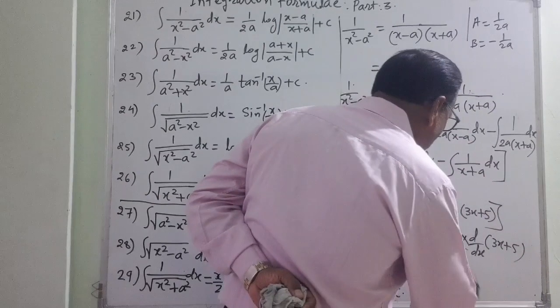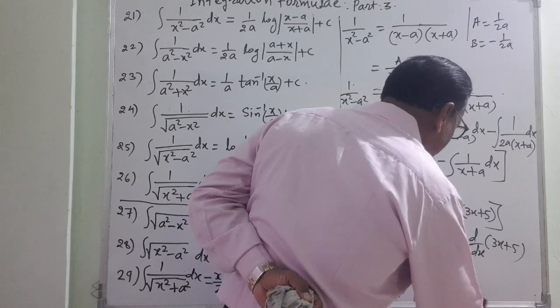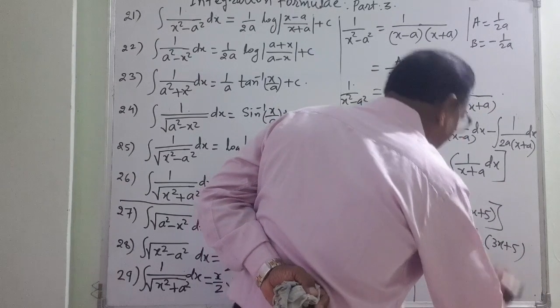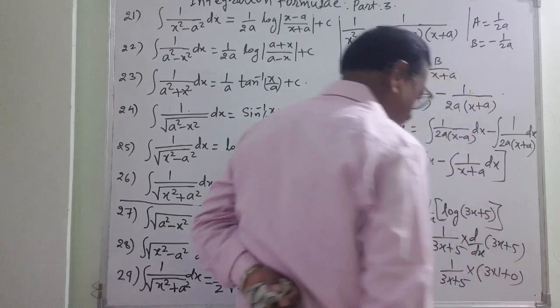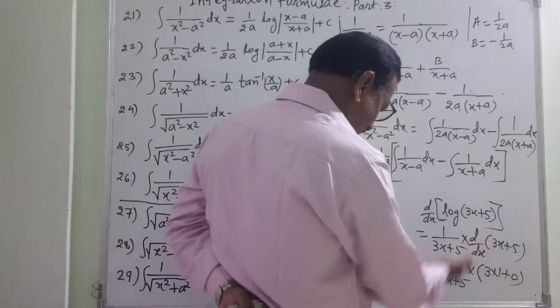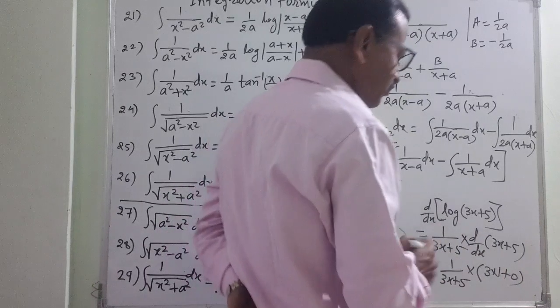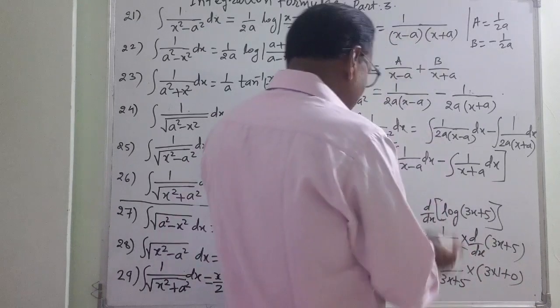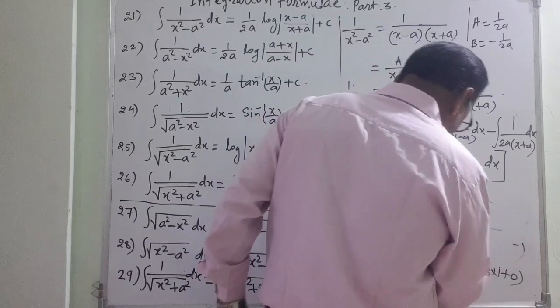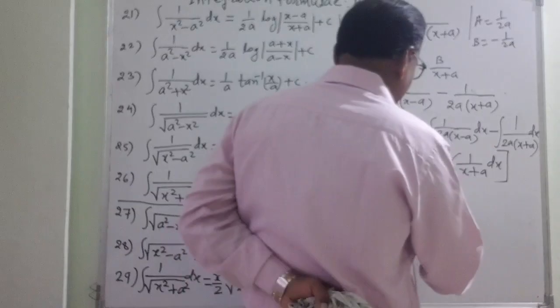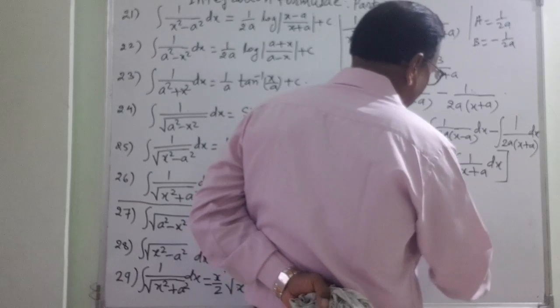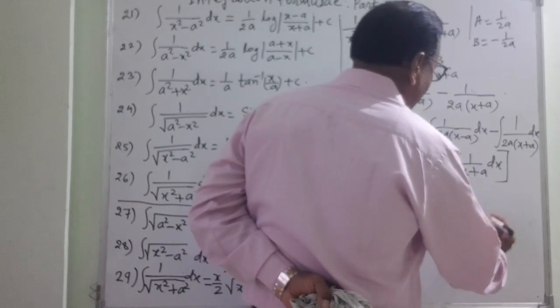So that is equal to 1 upon 3x plus 5 into bracket 3 into 1 plus 0. Now the derivative would be 3 upon this. Don't forget this. Now I am finding the derivative of log of x minus a. d by dx of log of x minus a.